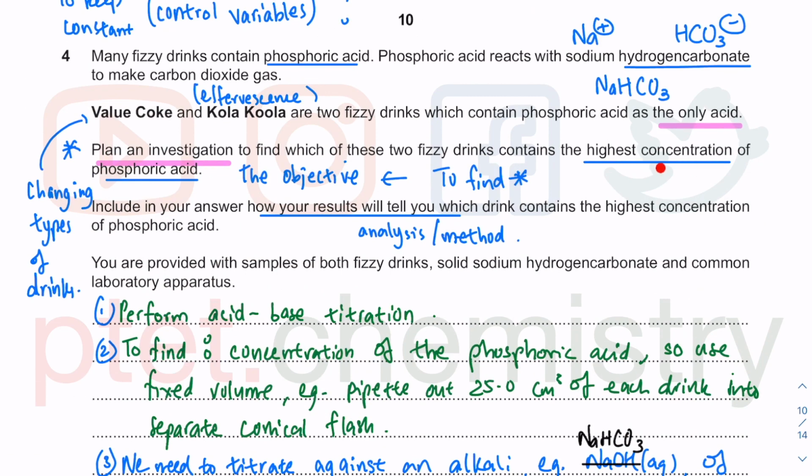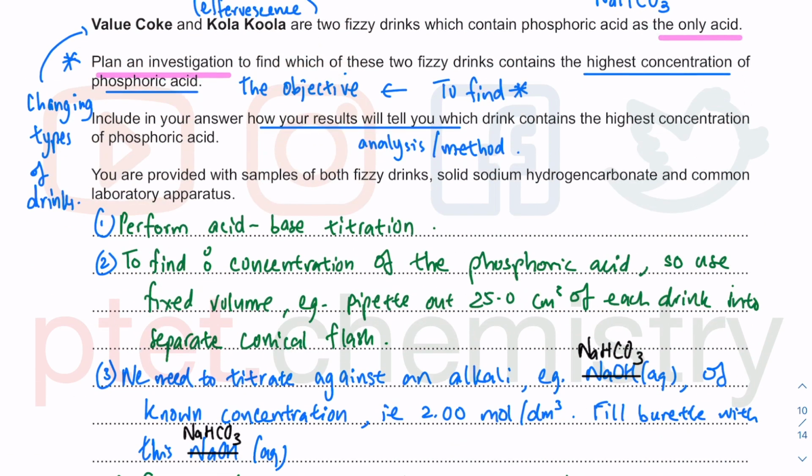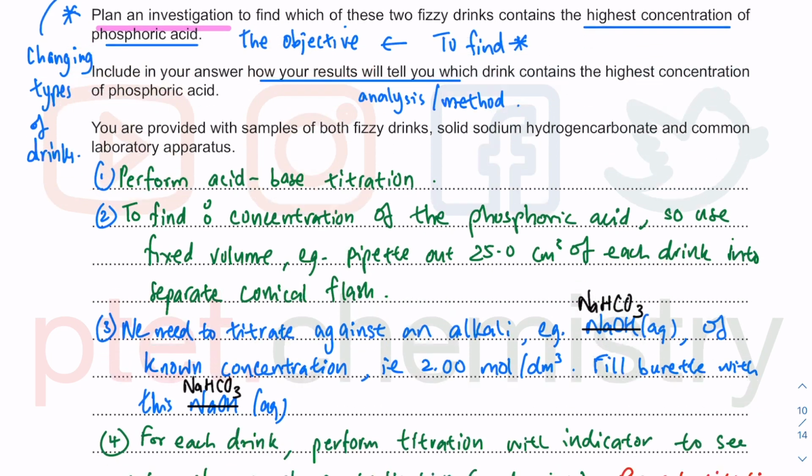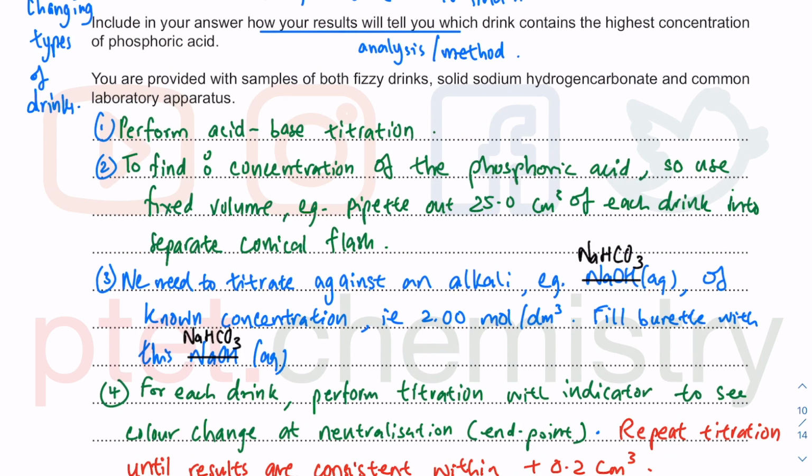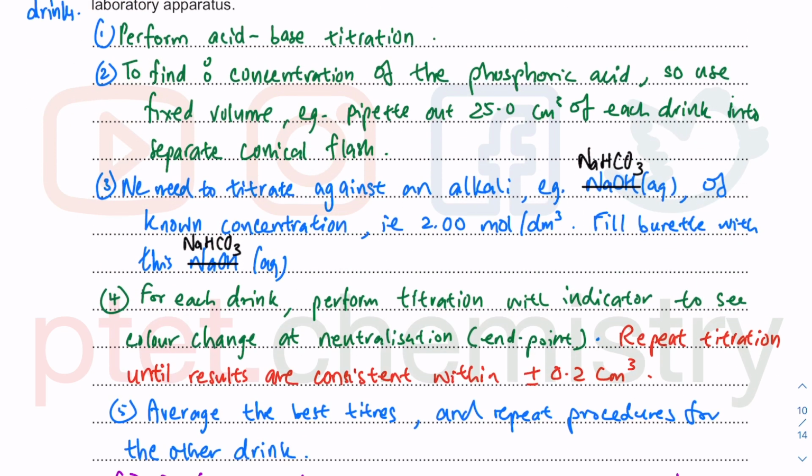We can do rate of reaction experiment. We can do a quantitative experiment with acid-base titration as well. So pardon the fact that I used sodium hydroxide earlier, should have been sodium hydrogen carbonate there. So I've changed that as well.